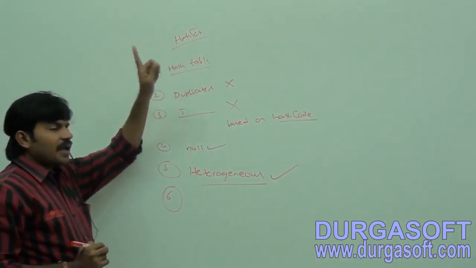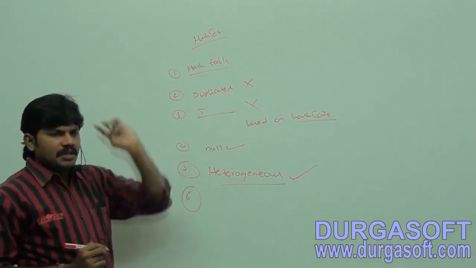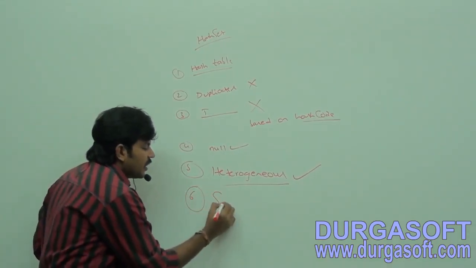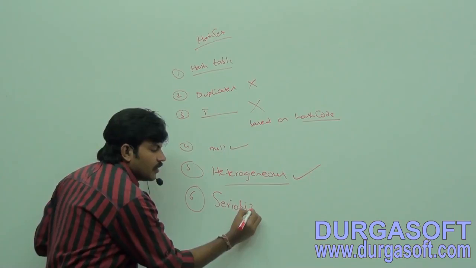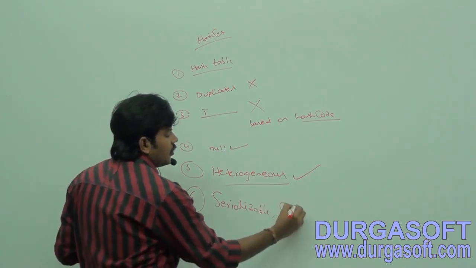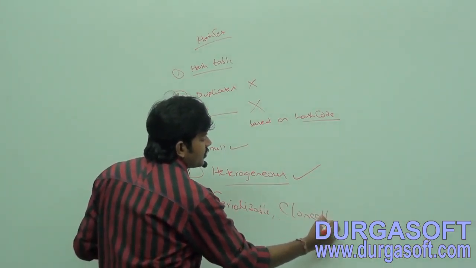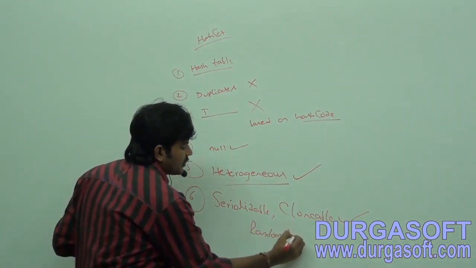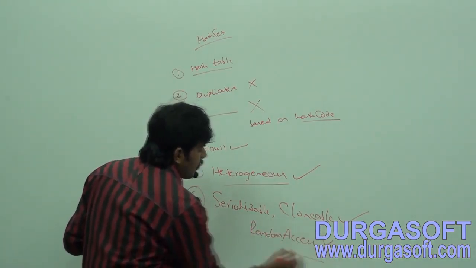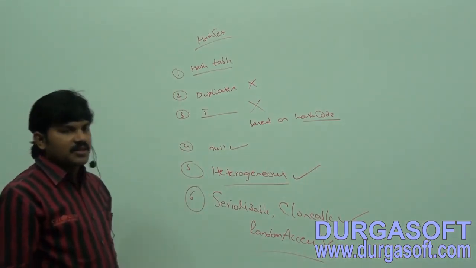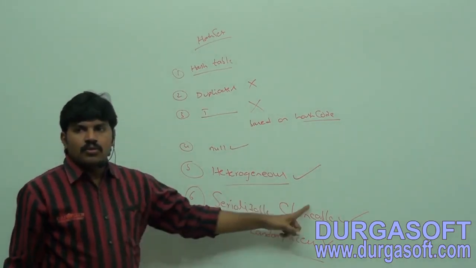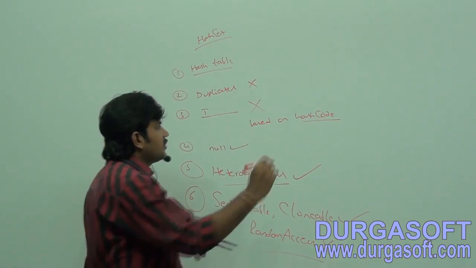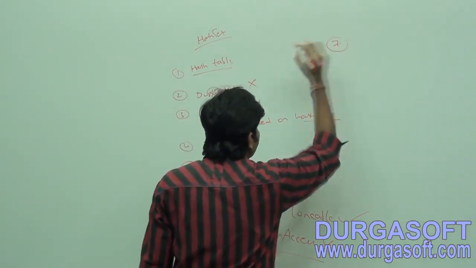Next, this HashSet implements Serializable and Cloneable interfaces. Is RandomAccess possible or not possible? No, RandomAccess is not there. Serializable, Cloneable, but not RandomAccess.